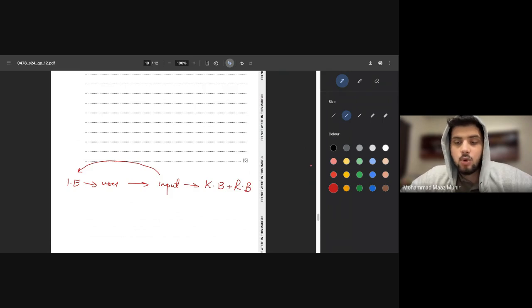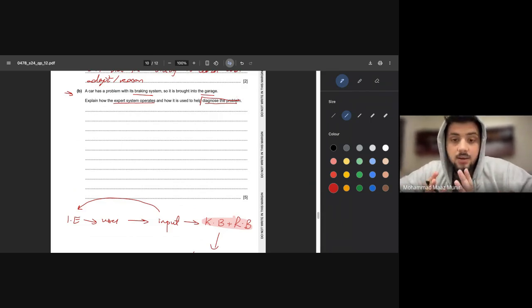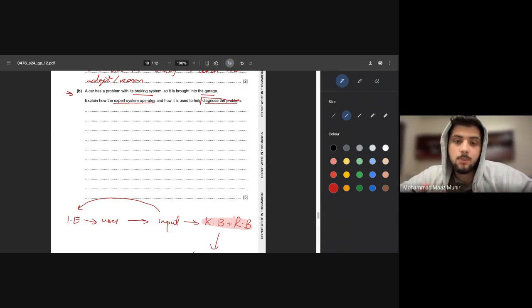So the knowledge base and rules base combined, both of them are going to be used together to give you a specific output, and then that output will be given to you on an interface. That's the whole process which will be used to locate the diagnosis. It's a specific route towards how you can diagnose that problem. But this was discussed at the start of the class, so I would not be writing it again. It's exactly the same question which we had discussed earlier on.